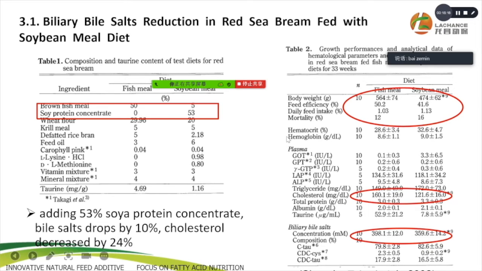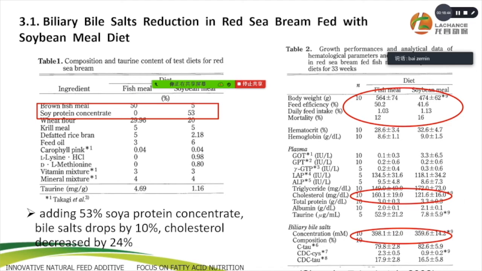That means when we replace fish meal with plant protein, maybe linseed, maybe other soybean, we need to add some bile acid. Of course, we are doing trials and research in this area. We are trying to find out, but the trial is halfway.